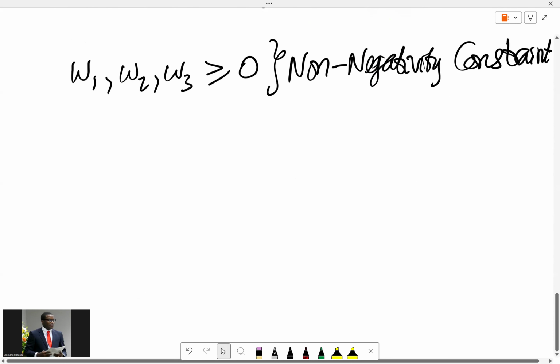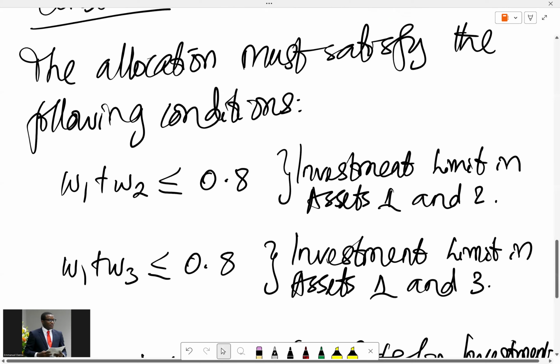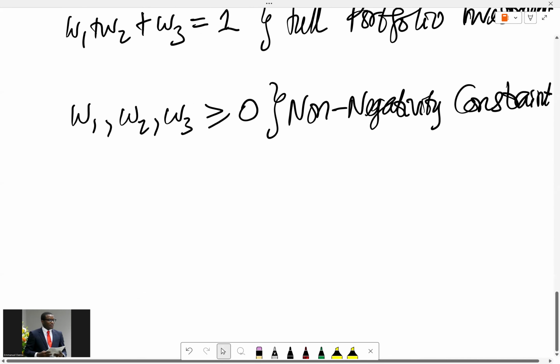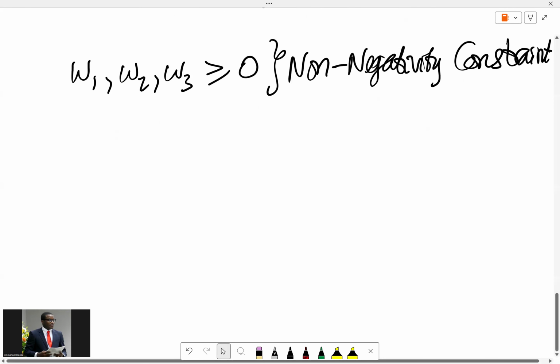If you solve all this using any method, especially the simplex method because we have more than two variables, let's talk about the solution.